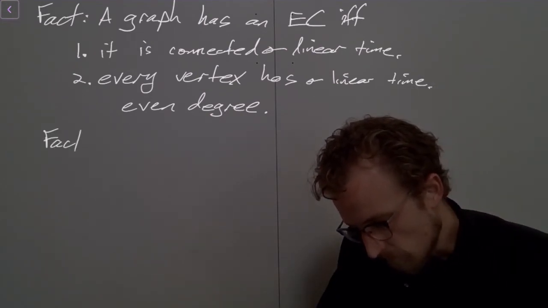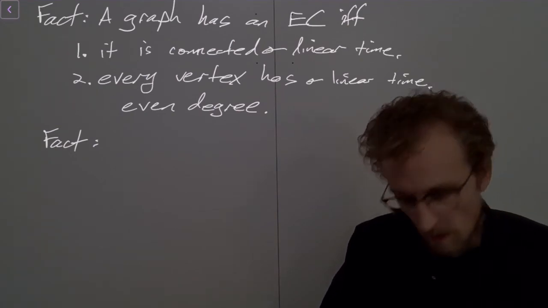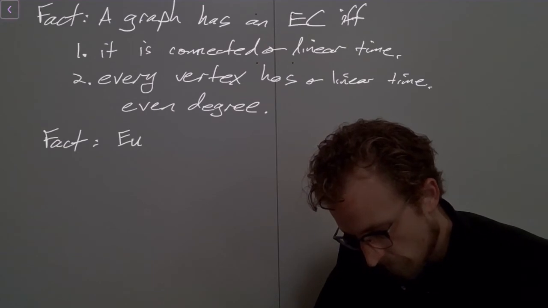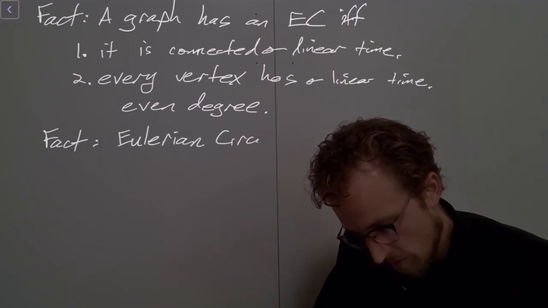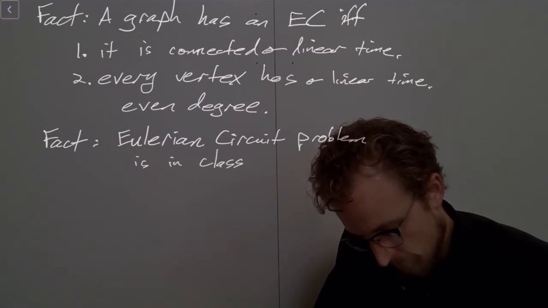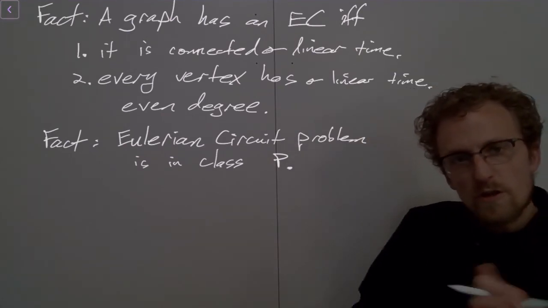Well, given the above characterization of Eulerian circuits in graphs, we can say that the Eulerian circuit problem is in class P. Okay, so this is certainly true.